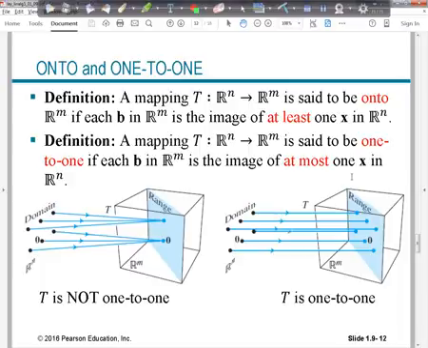Again, we do not care how small our range is. Our range could be just a single point.